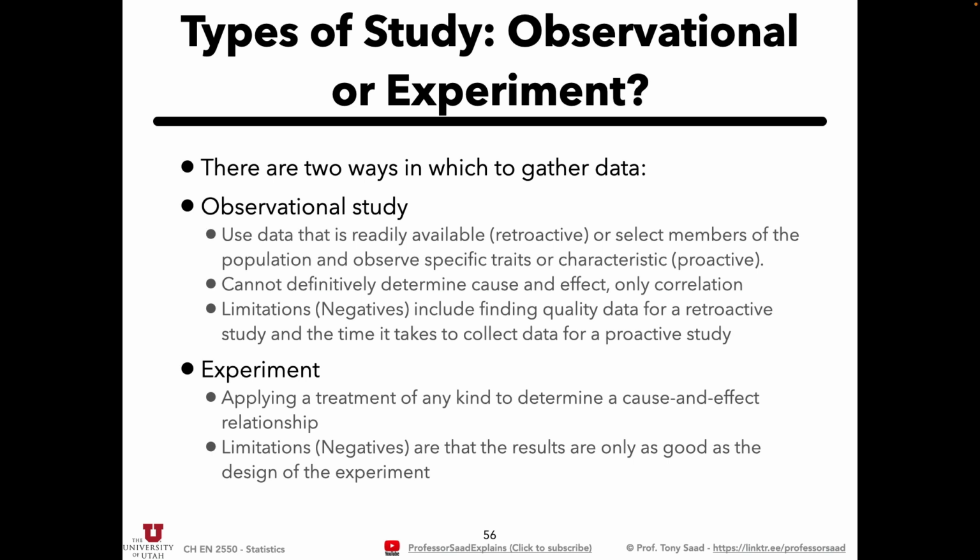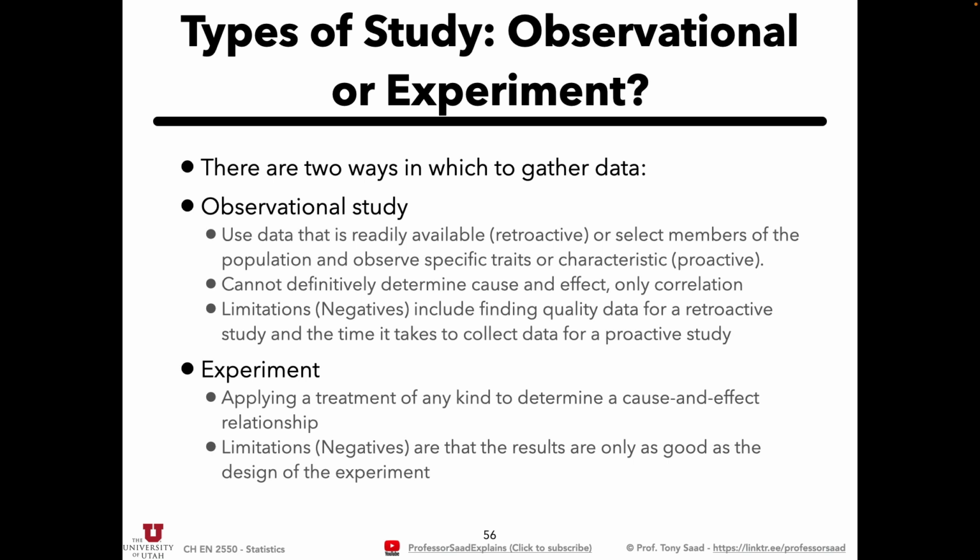Its limitations include finding quality data for a retroactive study and the time it takes to collect data for a proactive study. So in other words, you're not in control. It might be hard to go and see all the clinics that have administered certain vaccines, or people might not be motivated this year, right?